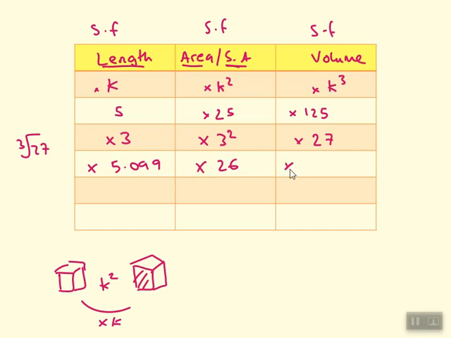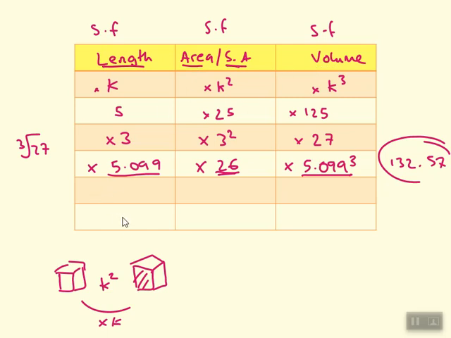That means the volume scale factor would be that cubed, which is 132.57. Now remember, these are all the multipliers. The length was multiplied by this for the smaller one to get to the big one, the area was multiplied by this, and the volume has been multiplied by that number there. So that's how length, area, and volume are connected.